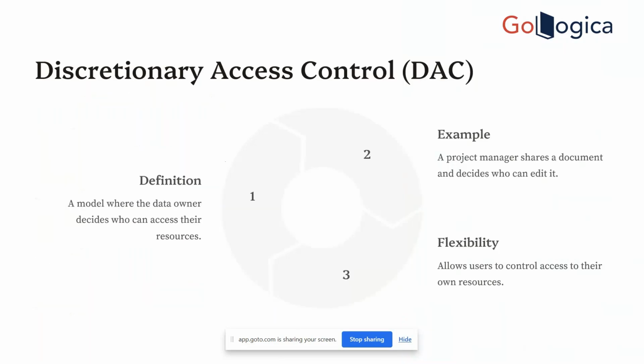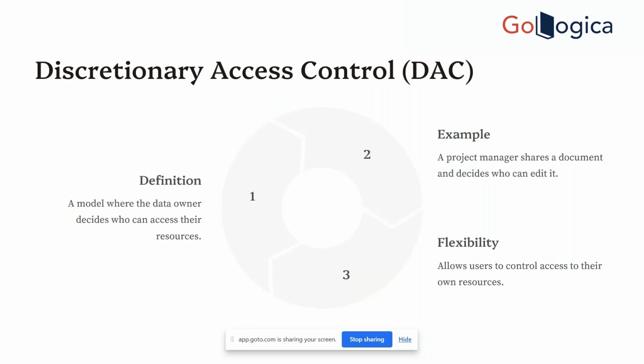Now one more thing is DAC. DAC is defined as discretionary access control, a model where the data owner decides who can access their resources. If I have some resources, it's my turn to decide to whom I am going to provide access. Who is the right person who can work on that area?